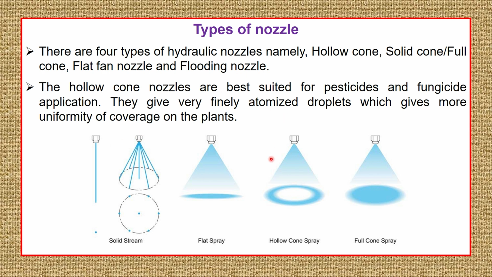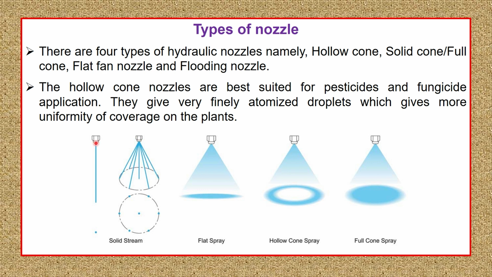So this is how the nozzles are named, after the pattern which they leave over the surface as the chemical is sprayed. Whenever we use a flooding nozzle, this is how the chemical will come out of the nozzle, just like obtaining water from a tap.